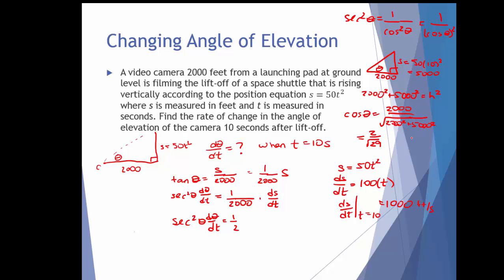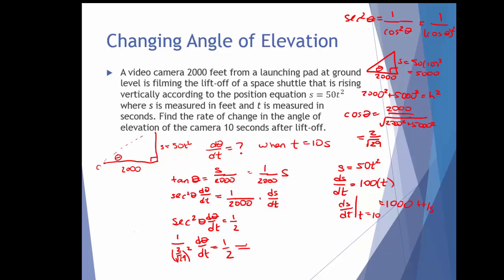Because the square root of 2,000 squared plus 5,000 squared, that's the square root of 29 million, which ends up being 1,000 times the square root of 29. So when you simplify, you get 2 over the square root of 29. So bringing it back to our equation, our secant squared is 1 over the cosine squared. So it's 1 over (2 over the square root of 29) squared, times d theta/dt equals 1/2.